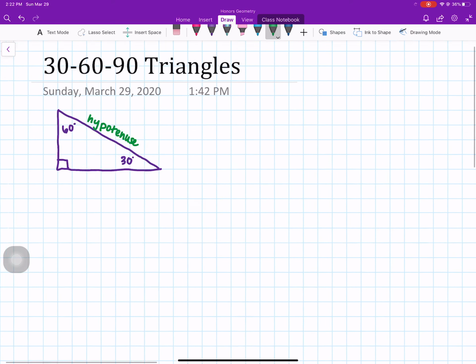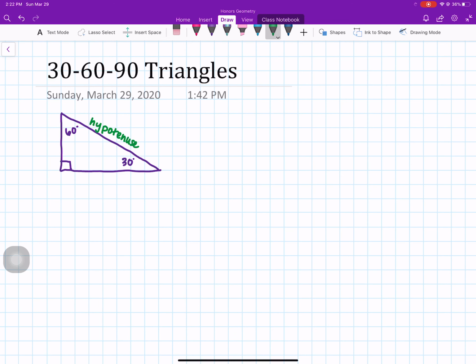And then, to reference the other legs of the triangles, we call the shorter one the short leg, and the longer one the long leg. Being aware that the short leg is always opposite the 30 and the long leg is always opposite the 60.